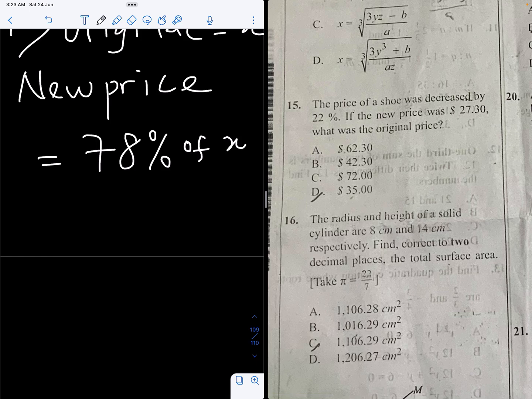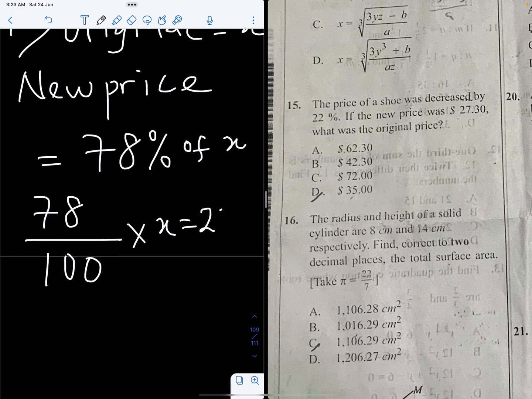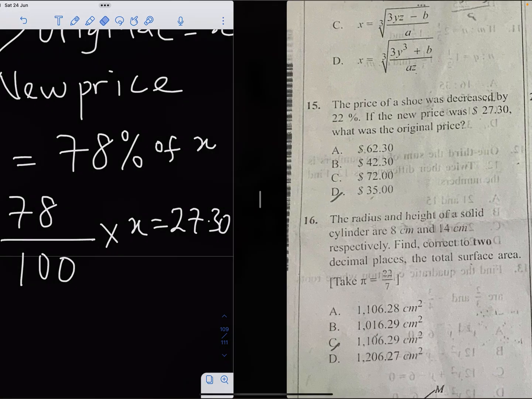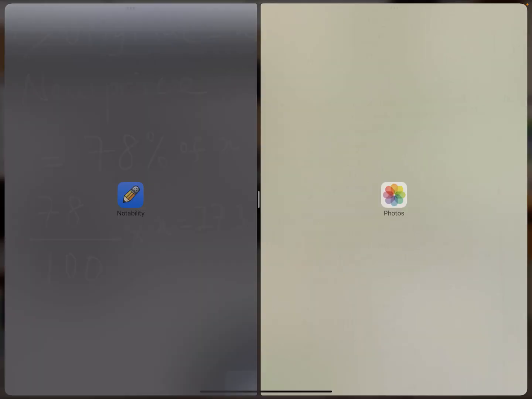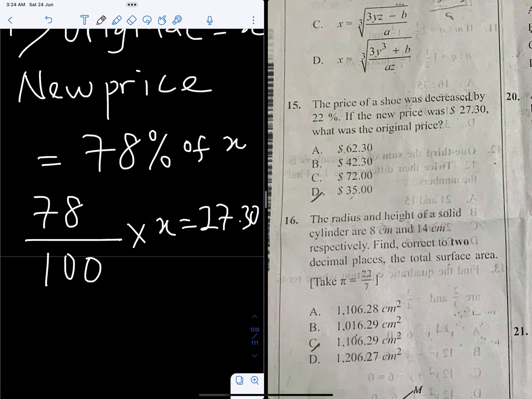So that simply means 78 over 100 times x is equal to 27.30. 0.30 is the same as simply writing 0.3, but let me put the 0 here.